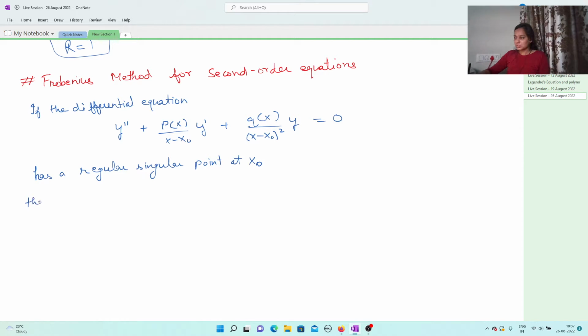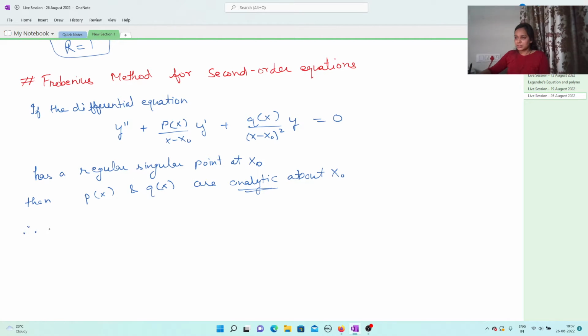Then that would mean that this p of x and q of x are analytic about x0, because it's a regular singular point.